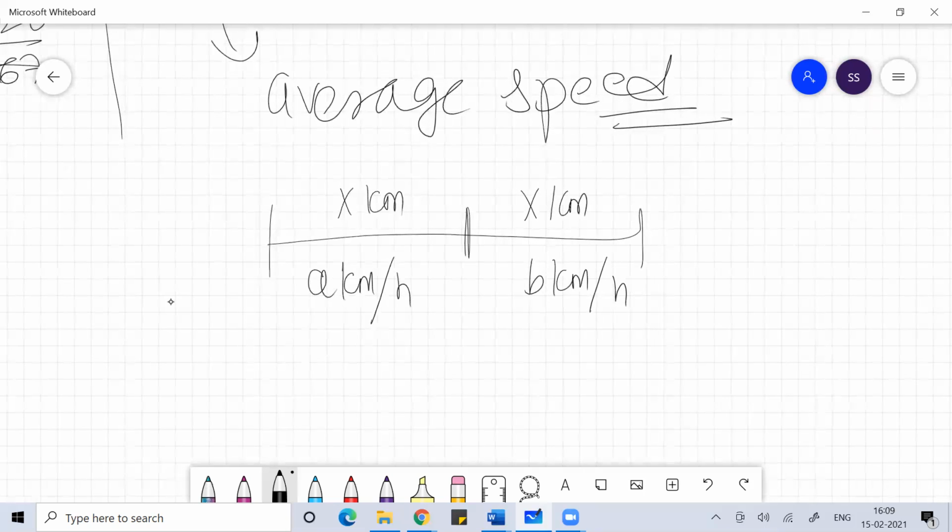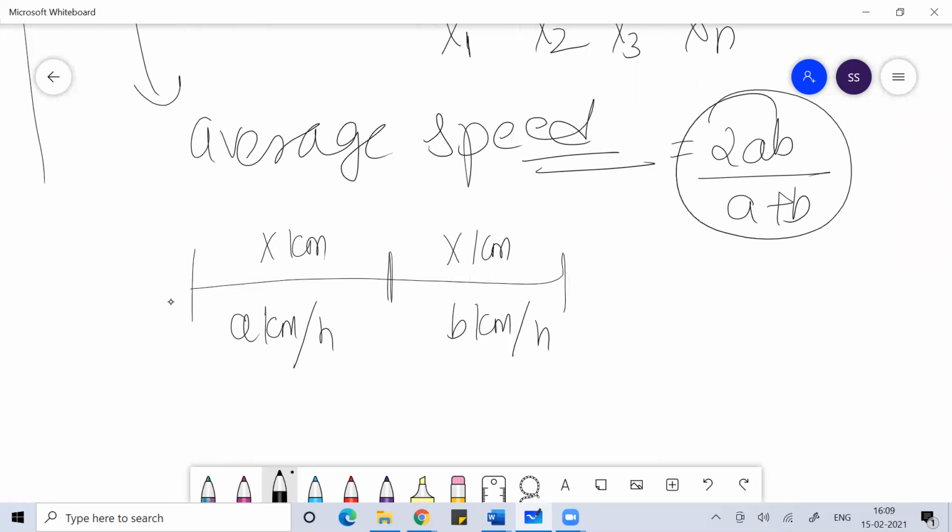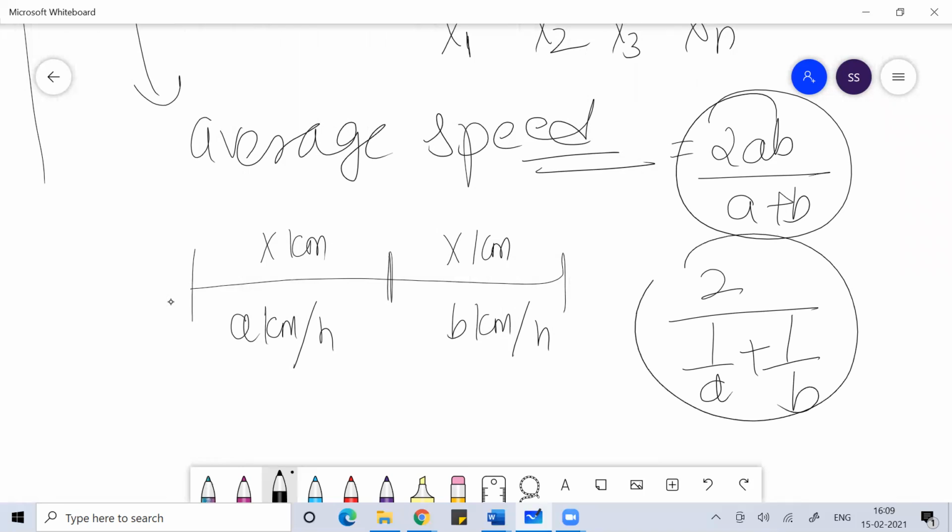What is my average speed? That will be 2ab by a plus b. Harmonic mean, that is 2 divided by 1 by a plus 1 by b.